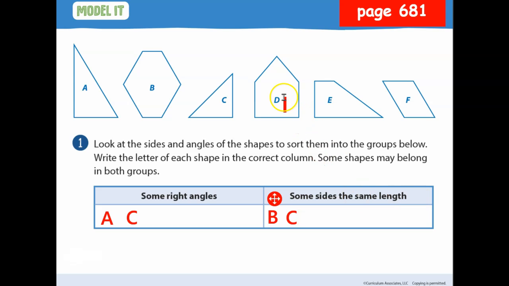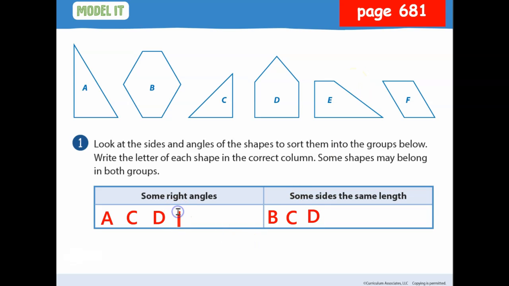Okay. How about shape D? Does it have any right angles? Yes, it does. Are there sides that are the same length? Yes. This side and this side are the same, and then these two right here are the same. So some shapes can go into both categories. How about E? Does it have any right angles?